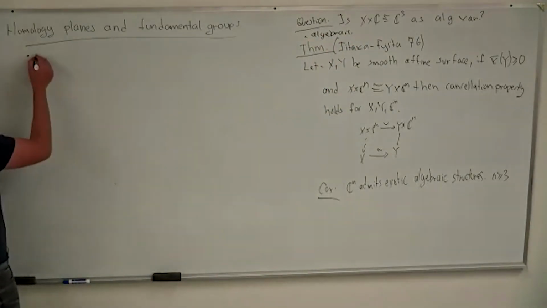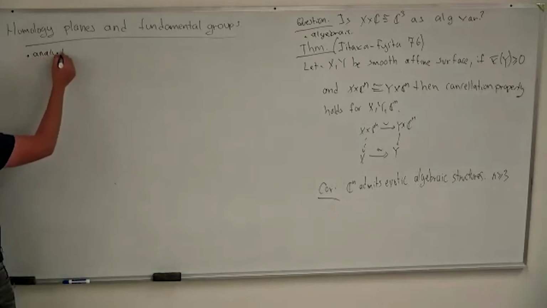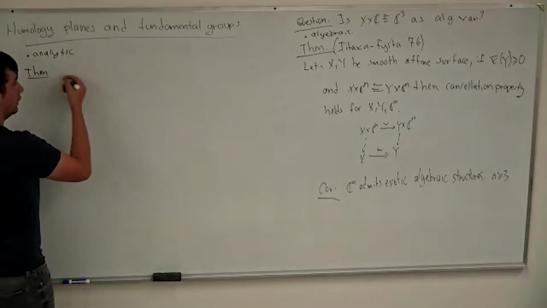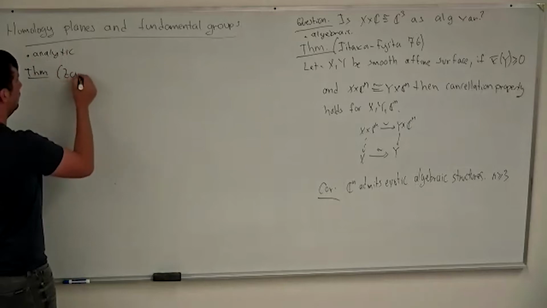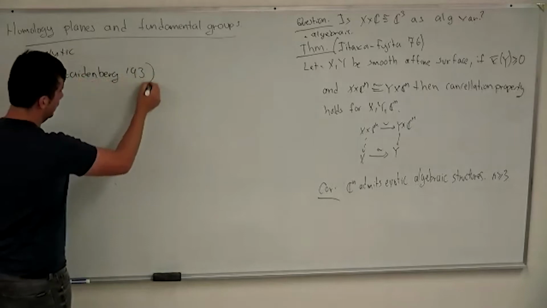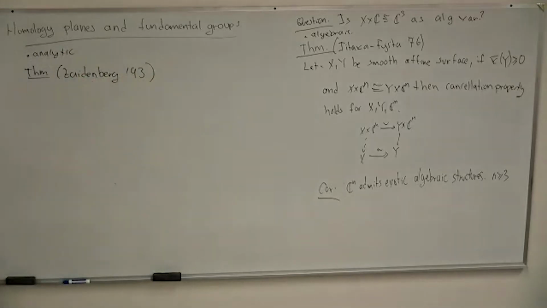So we have also some analytic exotic structures. So we can continue with this Ramanujan surface or this idea, and this is due to Zaidenberg around 93, and it says the following: it is an analytic cancellation problem.